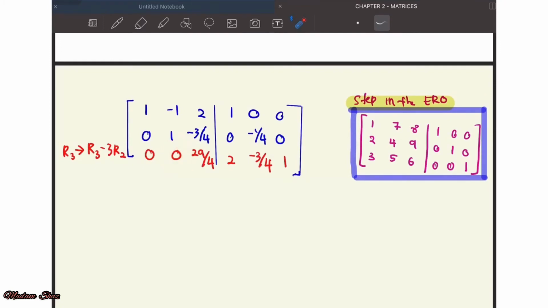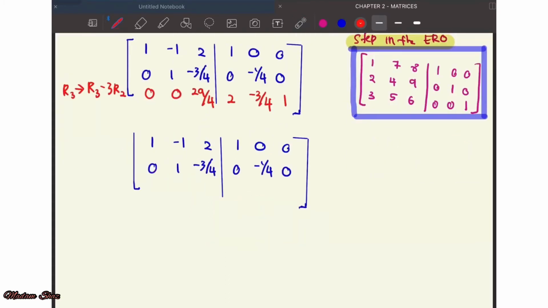So now step number 6, we want to change the element become 1. So we have 29 over 4 here. In order to change it become 1, 29 over 4 should be multiplied with 4 over 29. So this one will become 1. So row 3 will be changed by 4 over 29 row 3.